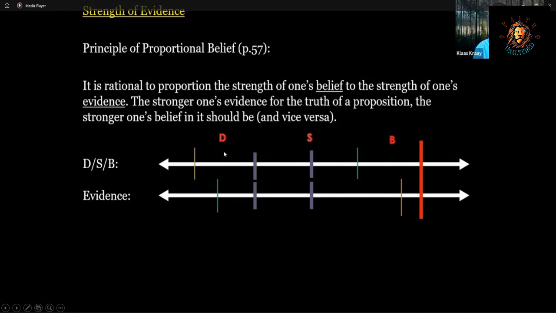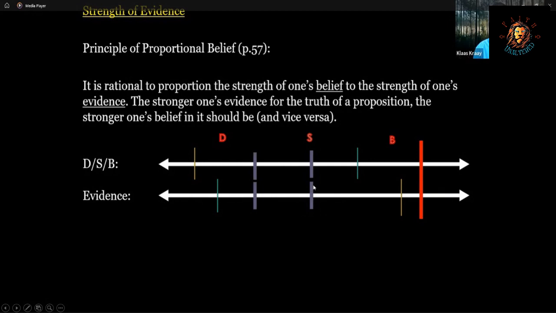On this side of the line, for the principle of belief, we have the disbelief side. So this is saying that you very strongly disbelieve, you have a very strong level of disbelief credence. Whereas here you have a slightly weaker level of credence for disbelief, or the opposite of credence, right? This weaker level of disbelief in the proposition versus a stronger level of disbelief in the proposition. This second line represents the level or degree of evidence we have for or against the proposition.